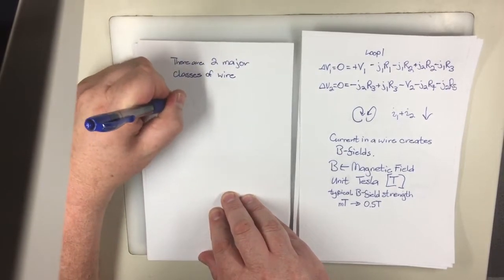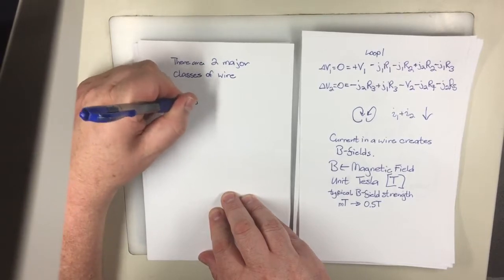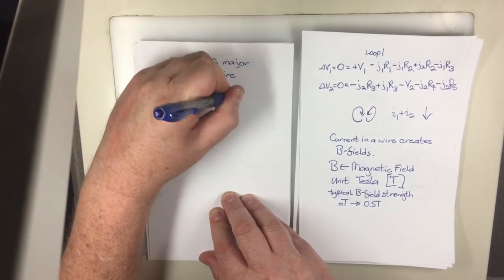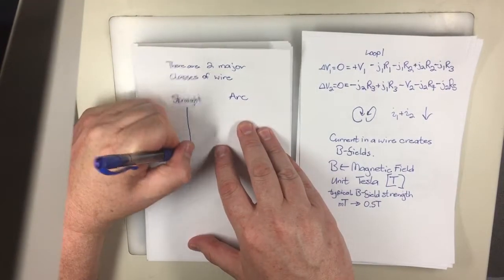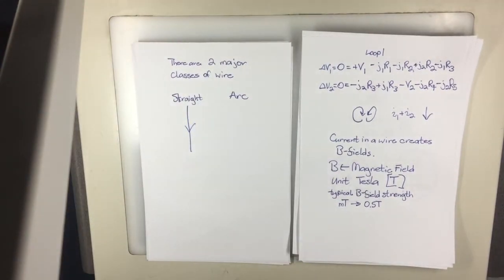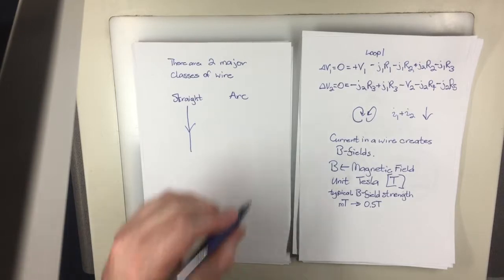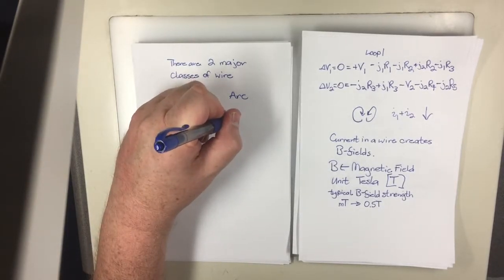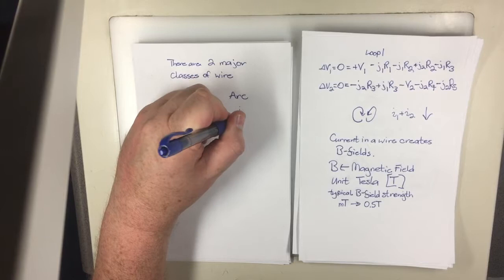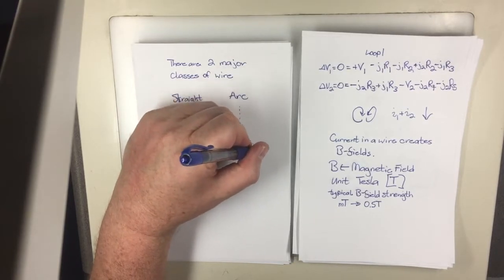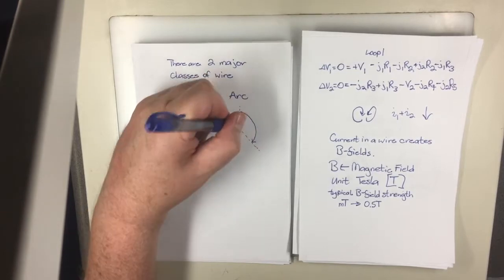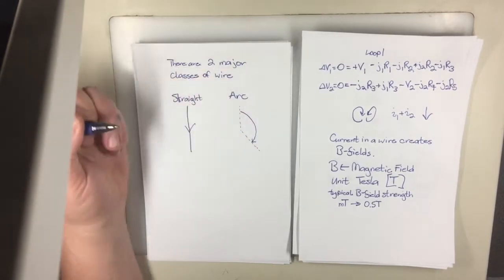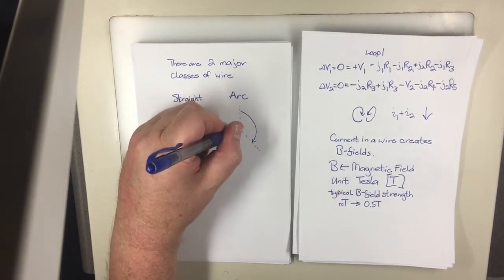You have the straight wire, and then you have the arc. Straight wire, it's just straight. The arc is, you have a length of wire that's all at the same distance from this point.